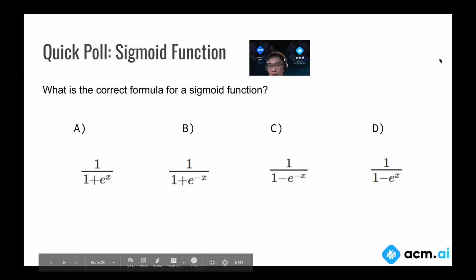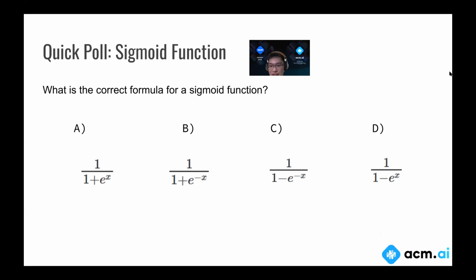For those of you that picked C, it's not that big of a deal. You can always look it up. One way to tell is that the exponential is always going to be negative. So it's always e to the negative x, because if it's e to the x, then this function would decrease really quickly to 0 because the denominator is going to be really big. So that's one way to remember it.